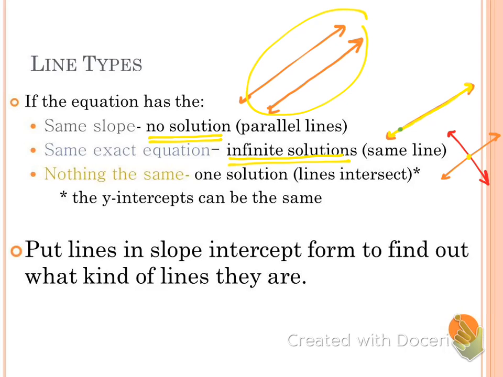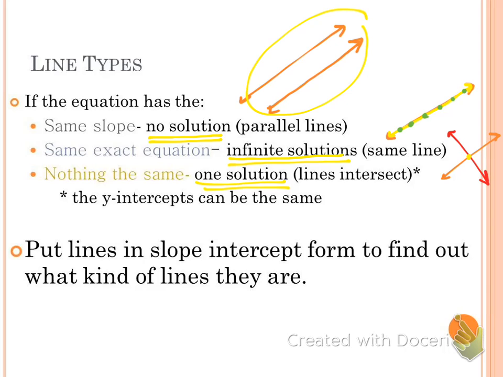So this is a solution here, this is a solution, this is. Every single place the line goes, it's a solution. And lastly, if the lines just intersect, touching at one spot, then they will have one solution, because these lines only cross at one spot.